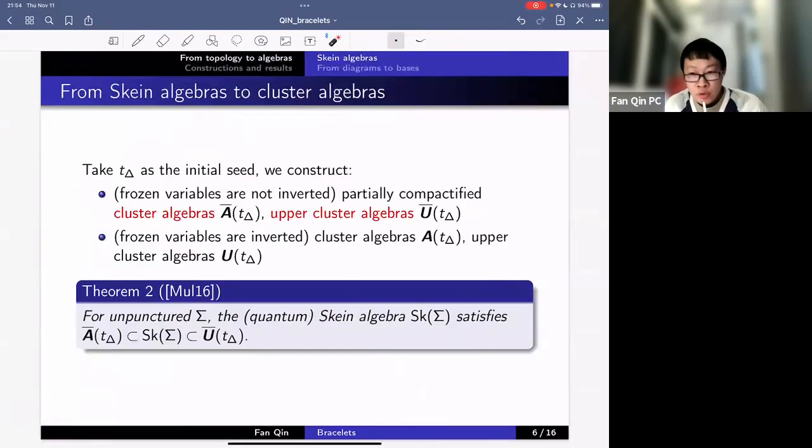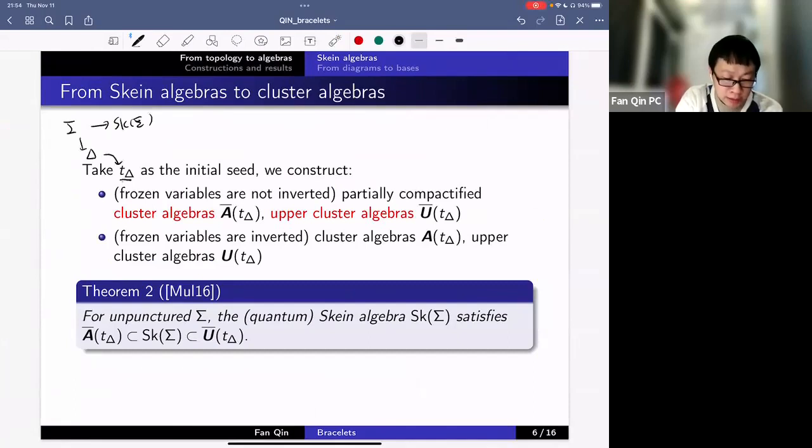From the Skein algebra to cluster algebras: so you already have a triangulation. Our logic is like this: you start from a surface, you can construct the Skein algebra. But you can also choose a triangulation. Now you get a seed. You take this as an initial seed, and you can construct what I call the partially compactified cluster algebra, A bar T delta, and the upper cluster algebra, U bar T delta.